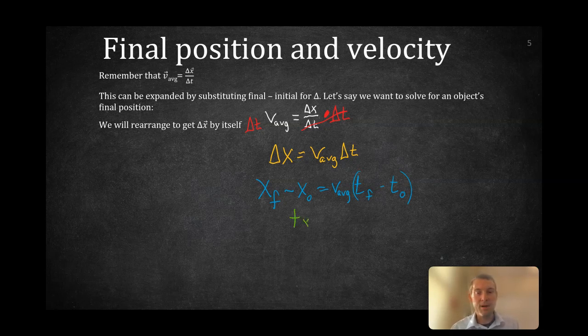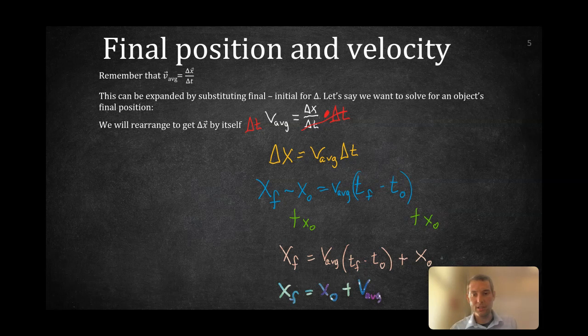Next, I'm going to add my initial position to each side to solve for final position. And I get my final position equals my average velocity times my final time minus my initial time plus my initial position, which is great, but I'm going to rearrange this just to make it look a little bit neater.